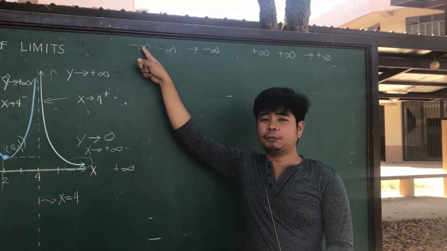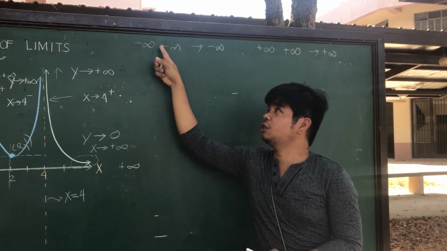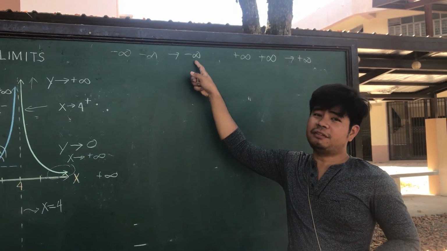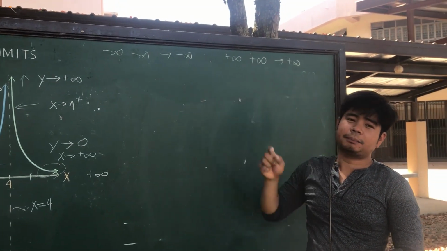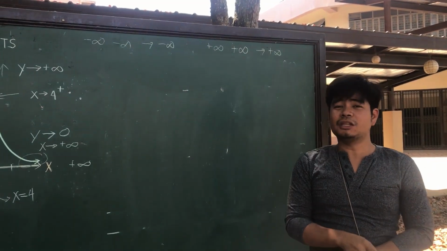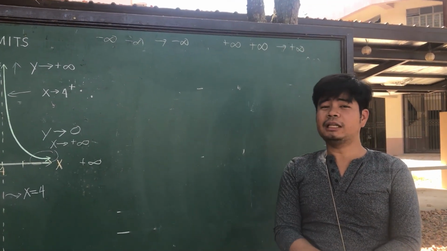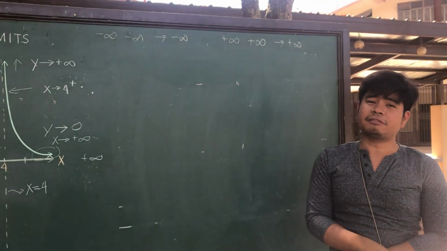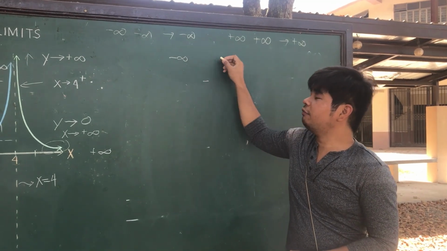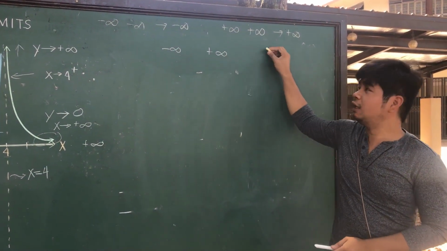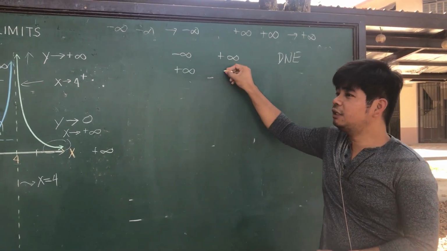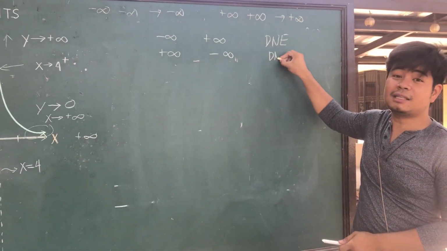Pag ang left ay papunta sa negative infinity ang y, at yung right ay negative infinity din, the limit in two-sided is also negative infinity. Pero kung ang values of y keeps on increasing, and so with left or right ay parehong increasing ang value ng y, then the limit of the function is positive infinity. Kung magkaiba silang dalawa, then ang two-sided limit does not exist. Take note of that. So kung ito, positive infinity, this is negative infinity, then the limit does not exist.